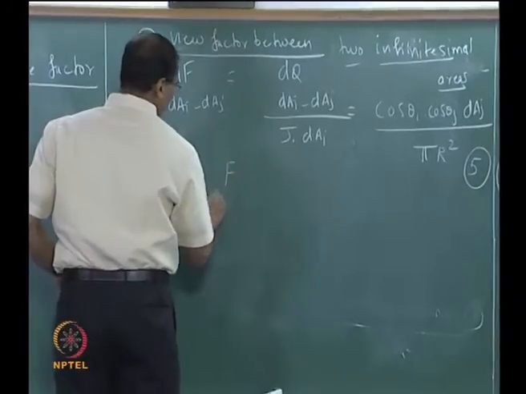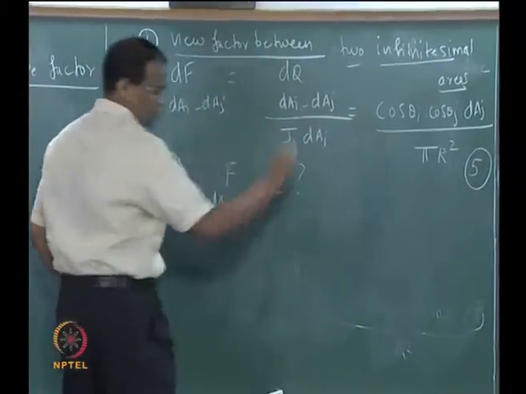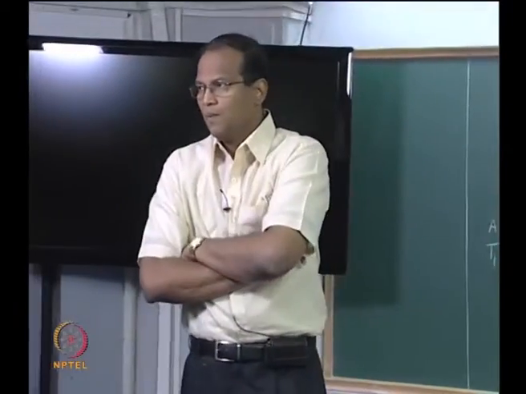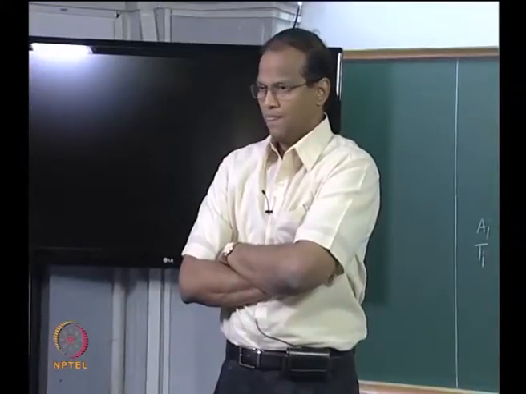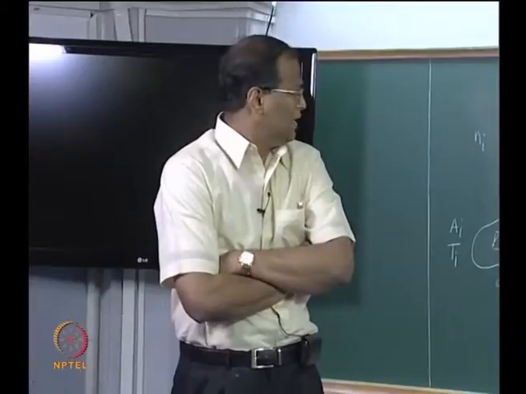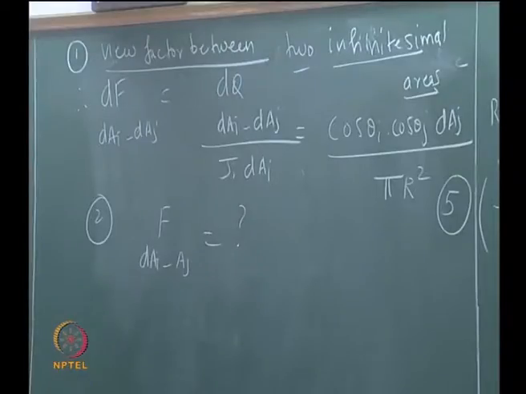Now I want to calculate the view factor between dAi to Aj. Now what is the numerator?